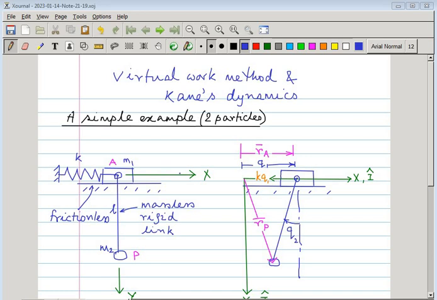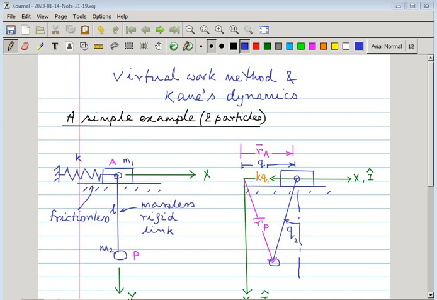So we fix the coordinate system capital X in this direction and capital Y in this direction, and at this configuration the spring is undeformed, so the spring force is 0. Now what happens? The block starts to move, and it is a 2 degree of freedom system, so you require 2 degrees of freedom to specify the configuration of the system.